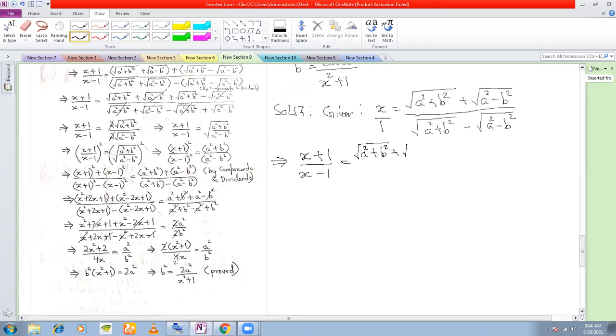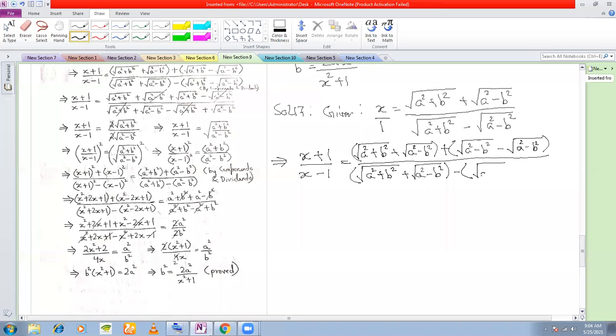you'll write the numerator as it is, add it with the denominator, and in the denominator you'll write the numerator and the denominator has to be subtracted from the numerator. Okay.